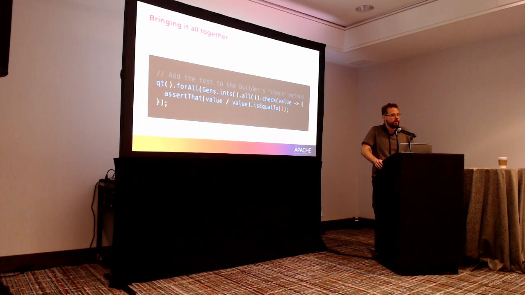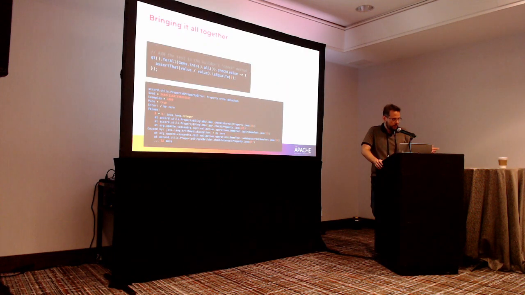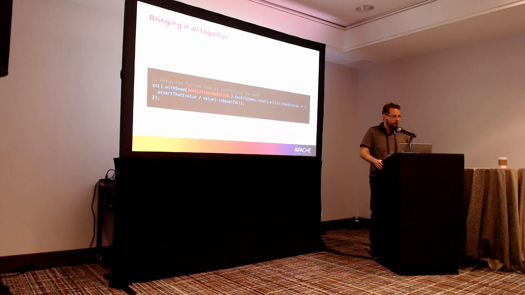Value divided by self equals 1, and when you run it, you get a very similar error message. You see the seed, how many examples, the error, but you also see the values that are put into the test, and you can then rerun it. So let's take that seed, put it into the builder with seed, and you can now run any debugger and reproduce that same test with ease.